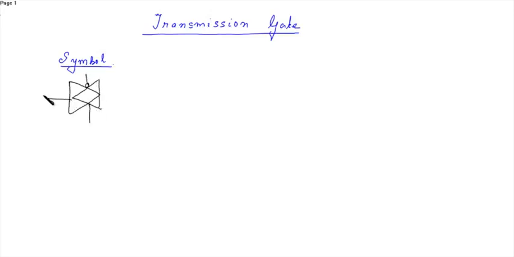This is the input in, this is the output out, this is the select line, that is select, and this is select bar.